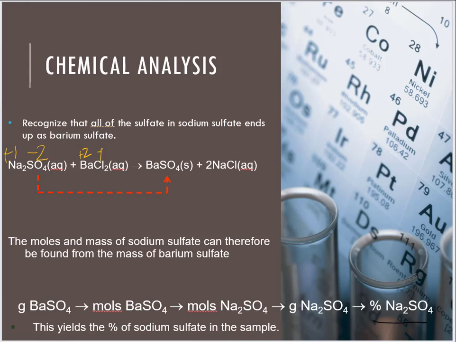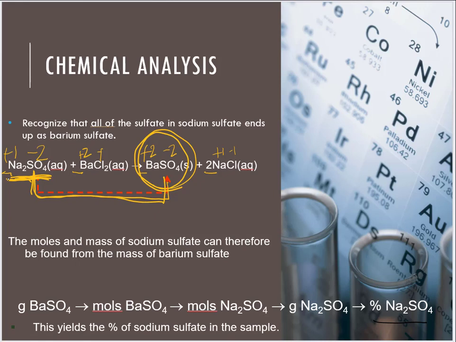Same charges apply to the right side, so we've got barium, which is +2, sulfate's -2, +1 and -1. So when we balance everything out, we have a 1 to 1 to 1 to 2 ratio. And again, we're ending with this barium sulfate, and we're assuming all of that sodium sulfate converted to barium sulfate.